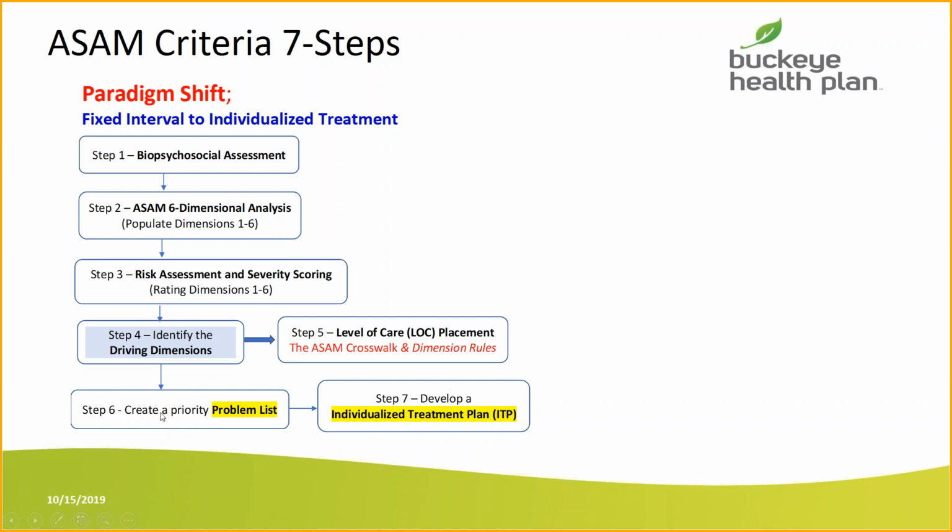The goal is to help resolve the problems that you identified in your driving dimensions. So it's all connected. There's 7 steps that goes from the biopsychosocial assessment all the way down to the problem list, which is part of your individualized treatment plan, a most important part, I might add.